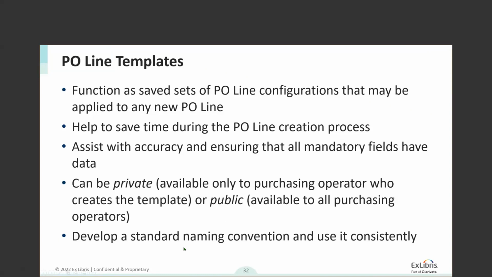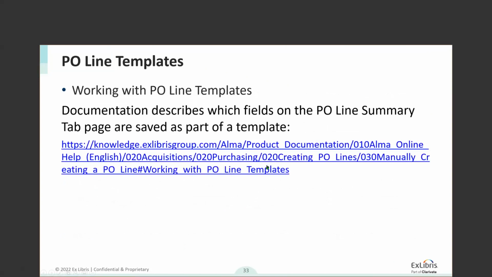And as with anything like this, develop a standard naming convention, whether it's vendor, library, fund, or library, vendor, fund, whatever makes sense to you. Here I put the link to the documentation about what fields can be included in a PO line template. You don't have to use them all. It's what helps you do this quickly if you're having to work in Alma.